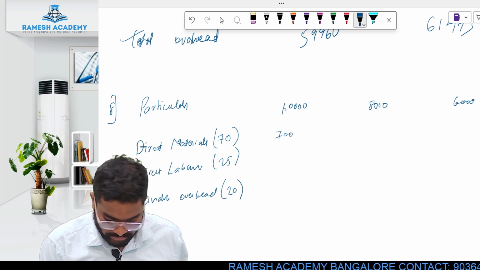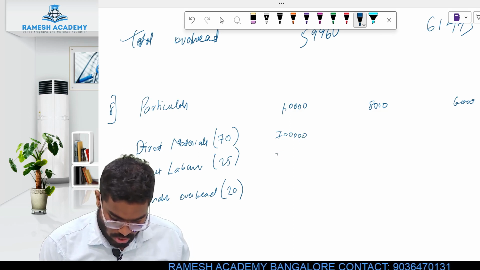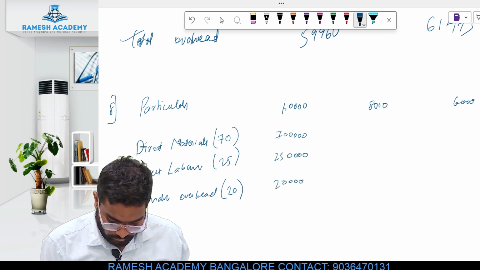So this one will be easy. Just multiply it by 10,000. So 2 lakh 50, 2 lakh.